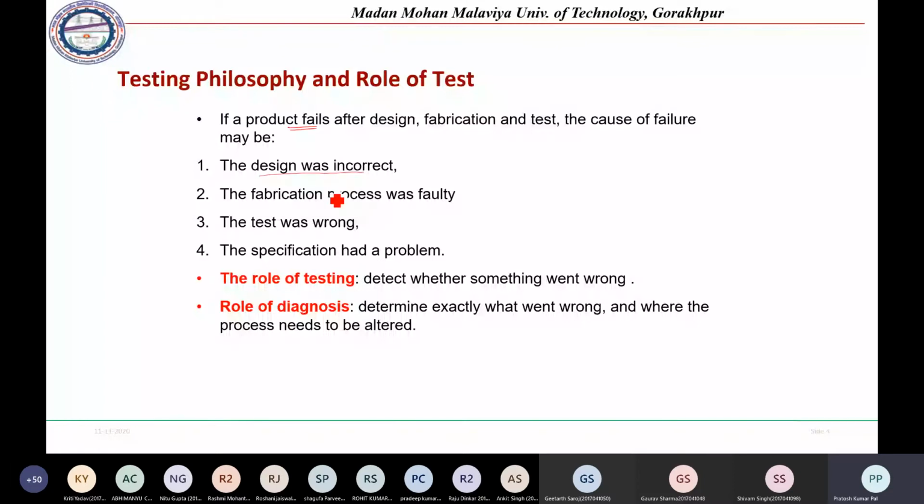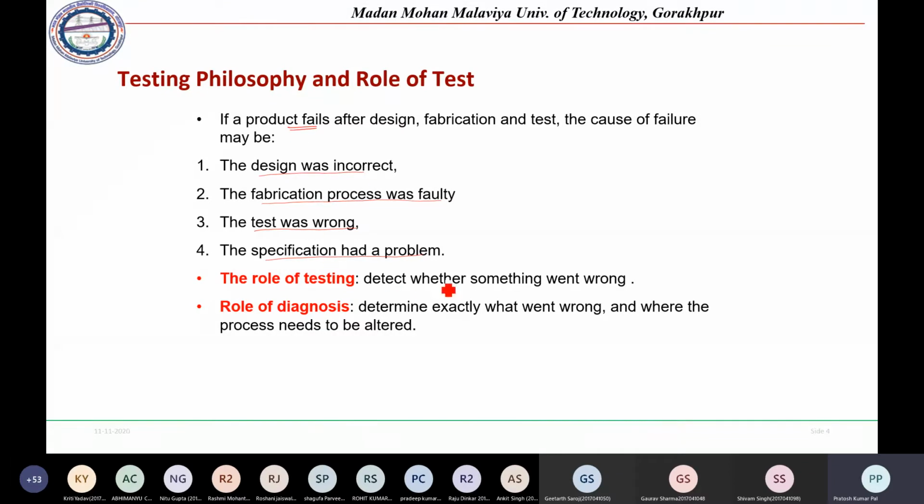It may also be that when we are going for testing, the test inputs we provided, the testing method, was wrong, or the specification had a problem. So if a chip fails while testing, there may be one of these problems. We have to identify which problem it is and what type of problem it is.